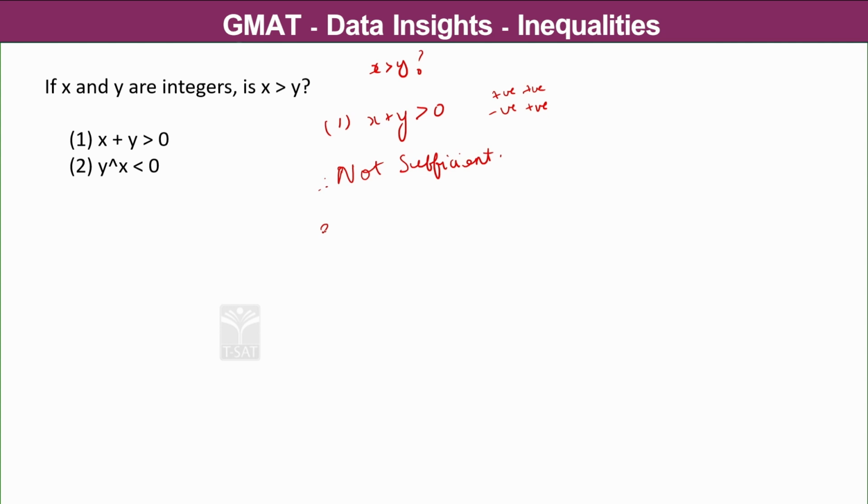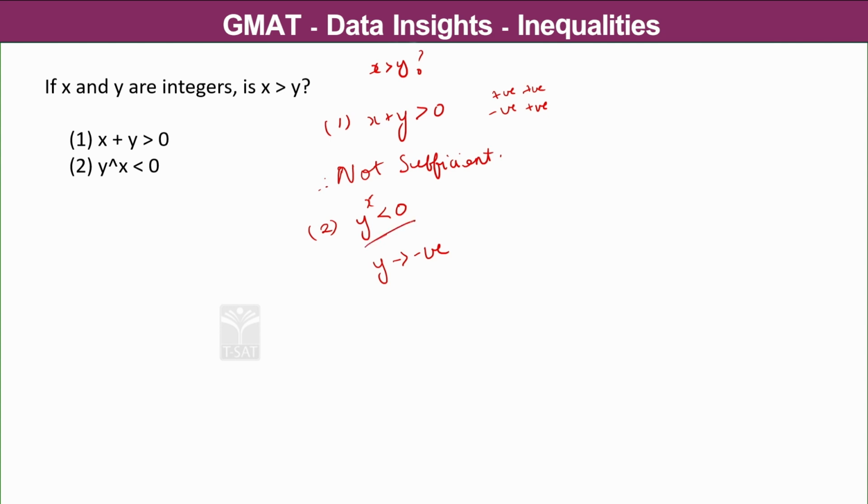Let us look at statement 2. It says that y to the power of x is less than 0. So, what does this tell us? That y is negative. Only a negative number raised to some number can be negative. A positive number raised to any number, be it positive, negative or 0, can never result in a negative number.